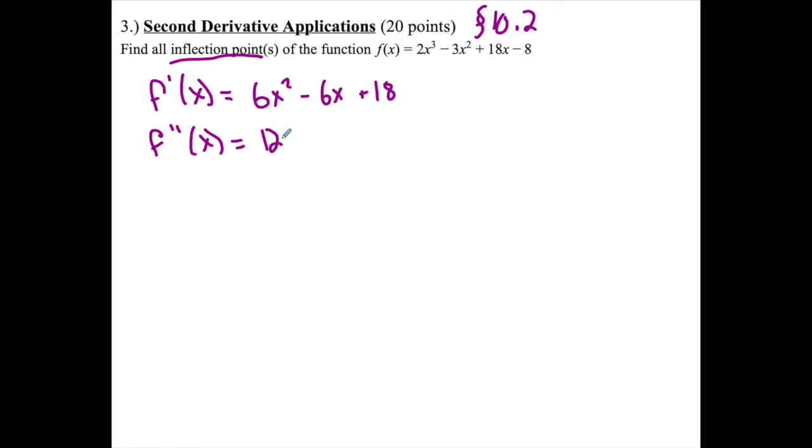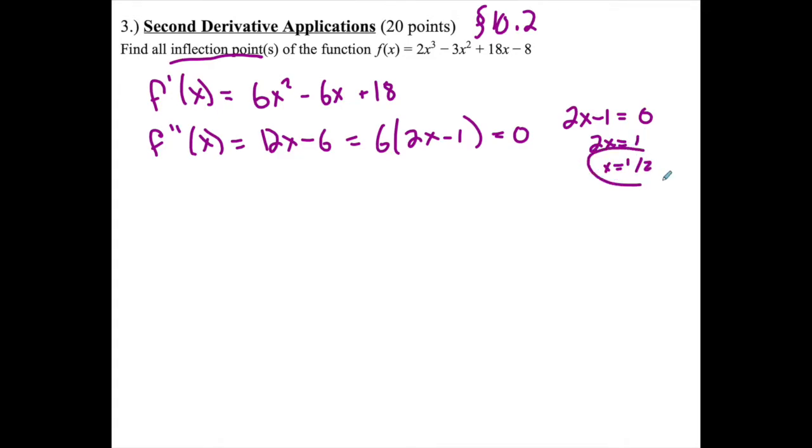So it's 12x minus 6 is the second derivative, and that's the same thing as 6 times 2x minus 1. Okay, and so you have to find what makes the second derivative 0. Obviously, 6 isn't going to make it 0. So basically, that's like solving 2x minus 1 is 0, which means 2x is 1, which means x is 1/2.